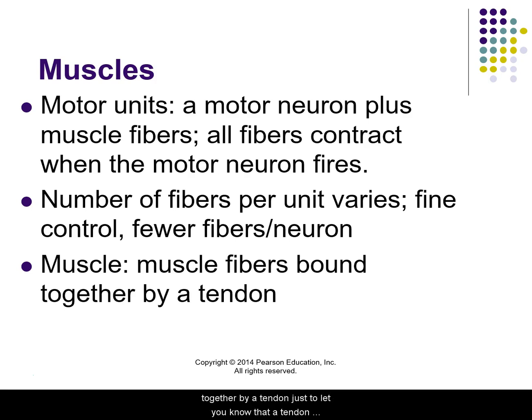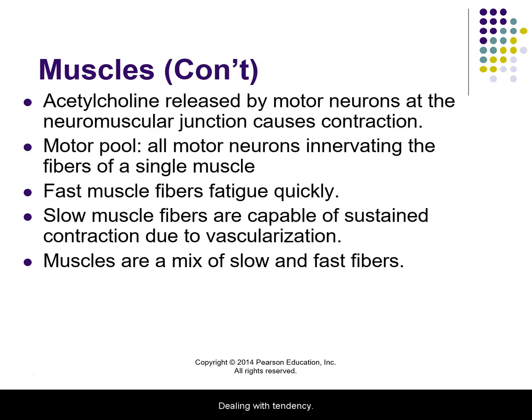Just to let you know, a tendon connects muscle to bone, whereas a ligament attaches bone to bone. So we're dealing with tendons here. Acetylcholine released by motor neurons at the neuromuscular junction causes contraction. The motor pool is all motor neurons innervating the fibers of a single muscle.